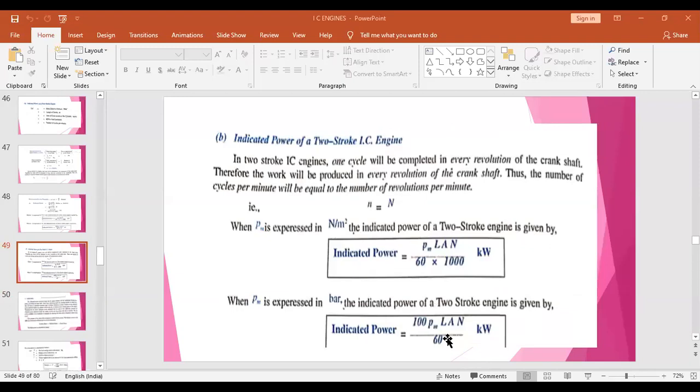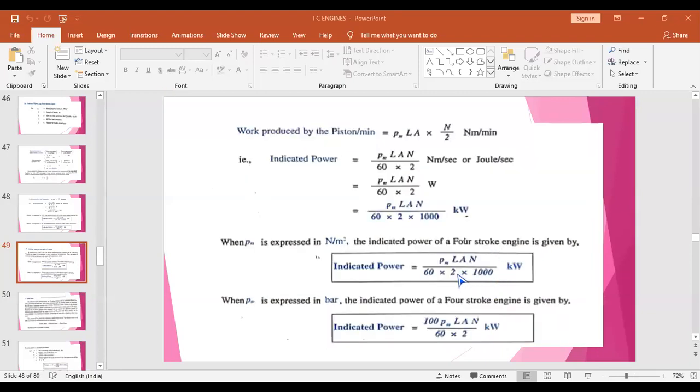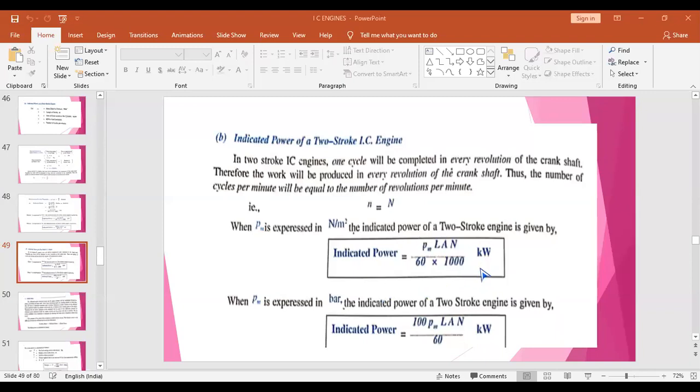Next, come to the point: indicated power in case of two-stroke engine. All of you observe here. The N is equal to 2 in case of four-stroke engine. Here, the N value is equal to the number of cycles.